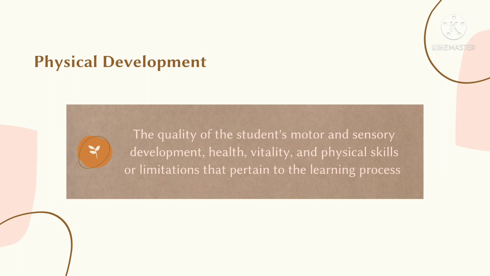Another situation is that the hearing of that student is not within normal limits, which shows that the student has a problem in his or her sensory. So the teacher needs to think of ways on how to develop the physical development of the student.